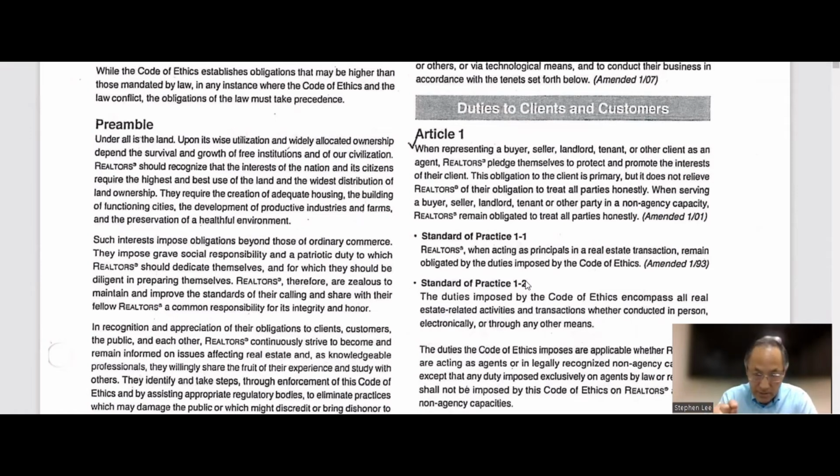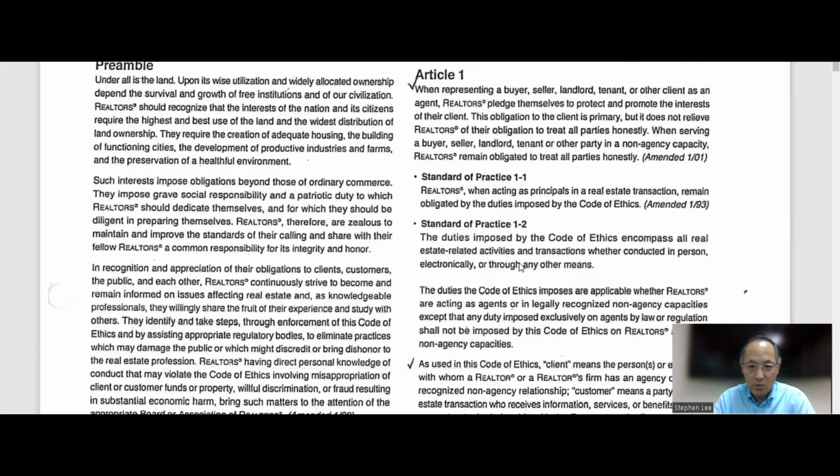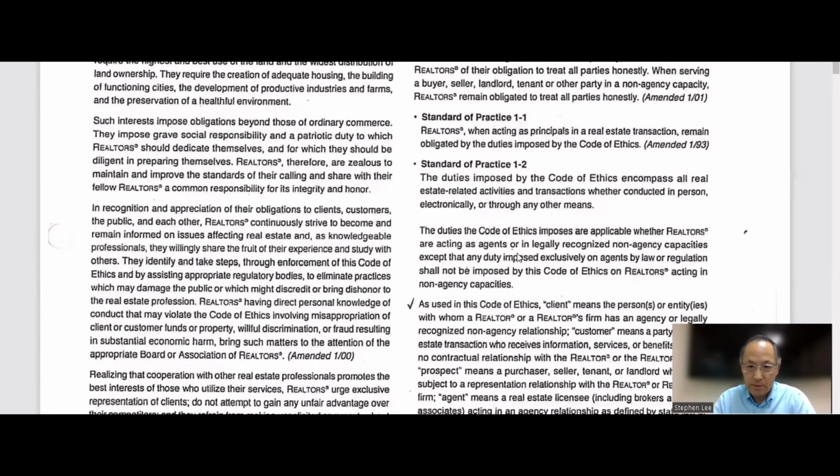But if you look directly at the Code of Ethics, then you will learn, really, you will hear from the horse's mouth. In other words, you know what's written, and then you will be the main source. Okay.